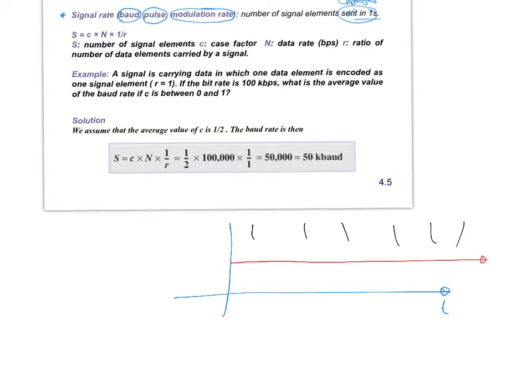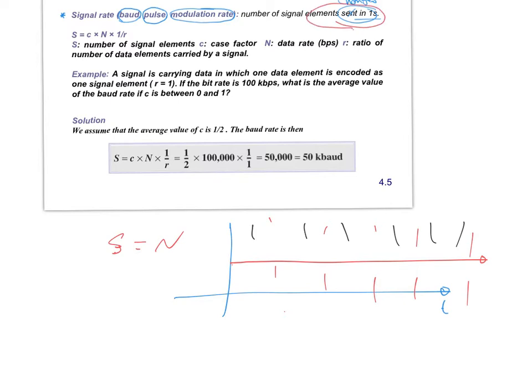So what is the frequency of this signal? It's actually zero. Right? The frequency of this signal is zero. What is the number of signal elements per second? So S here is n. Right? The number of signal elements per second is the number of bits per second.